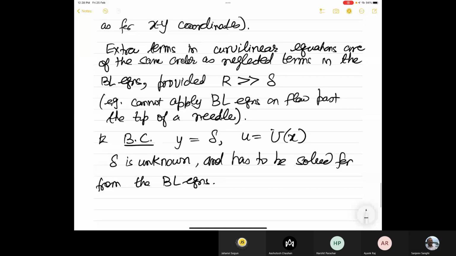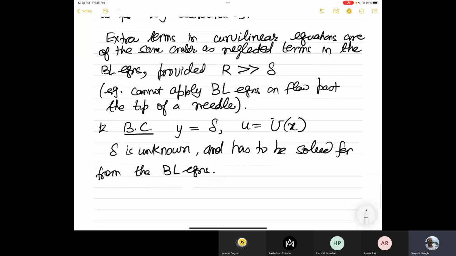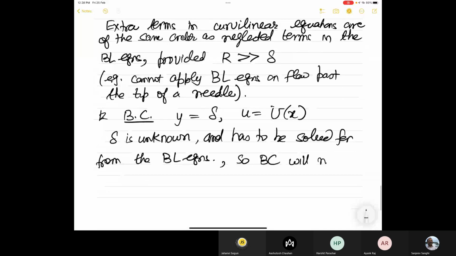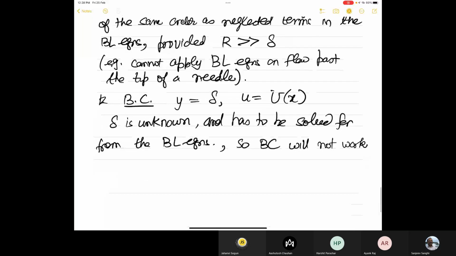So that means this is a problem. So this boundary condition will not work. So what do we do?